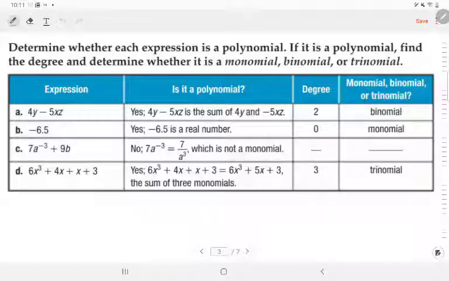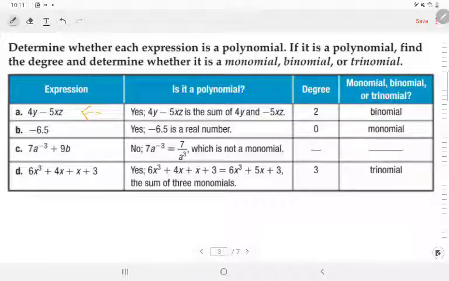So in this first expression, we have 4y minus 5xz. Is it a polynomial? Yes, it is a polynomial because all you're doing is adding two monomials together, 4y and negative 5xz. So that makes it a binomial, okay? So it's a binomial, it's two terms.